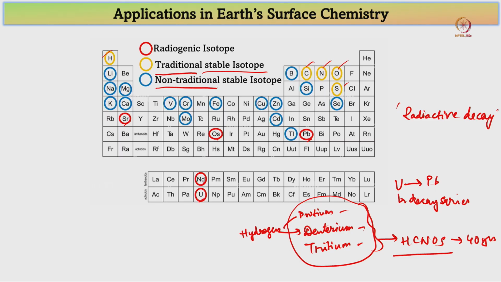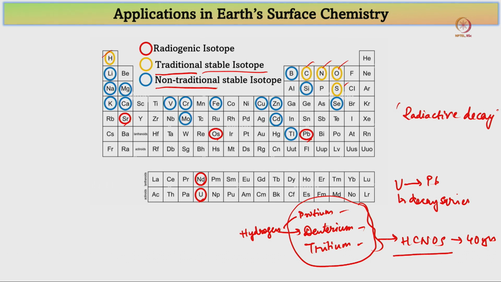What are the non-traditional stable isotopes? Now, with the advancement of technology, with more complicated instruments coming up, we can measure with a lot of accuracy certain other metals also, which have a lot of variability in their natural isotope abundance.